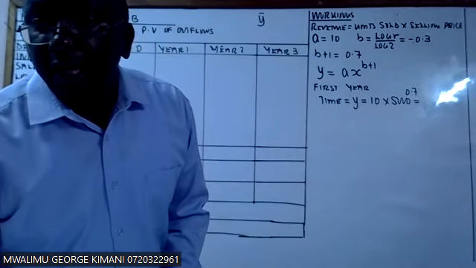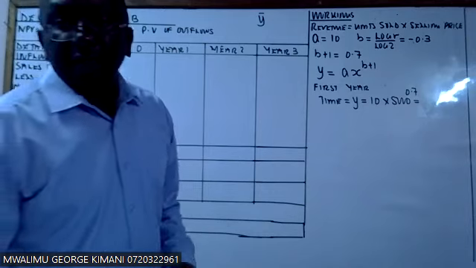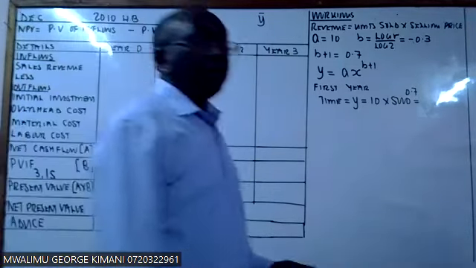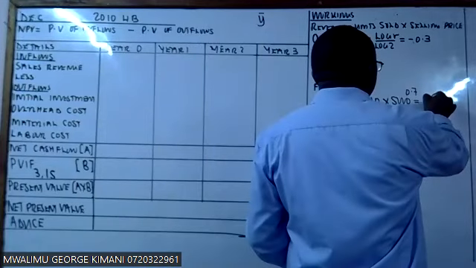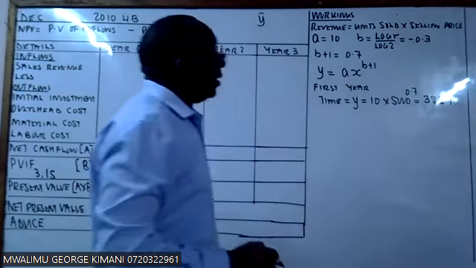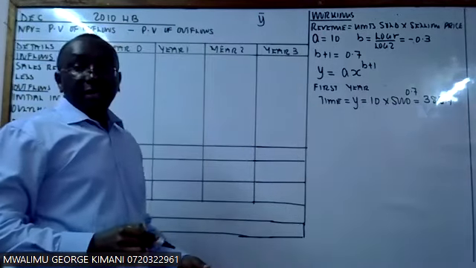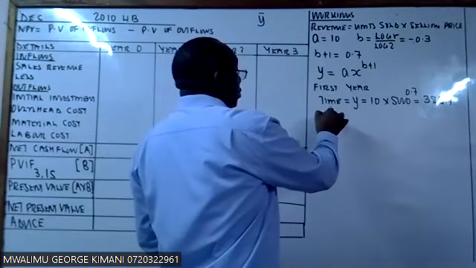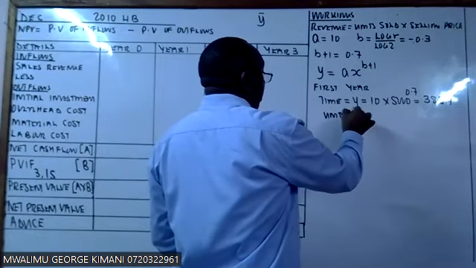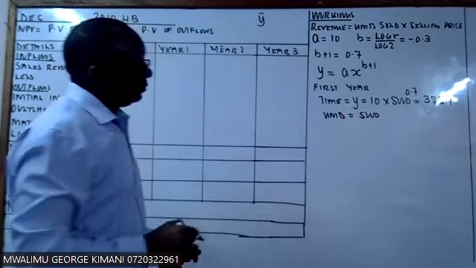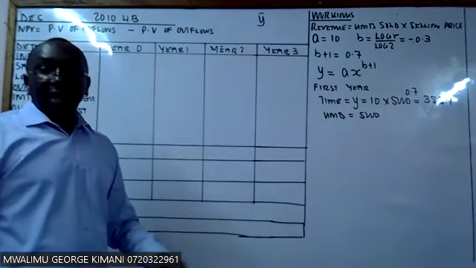That is 3883.998, so we can call it 3884 hours. And the units that were made were 5,000.